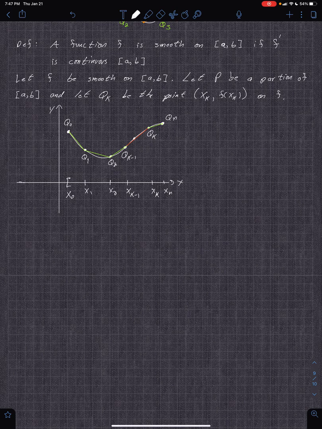We're going to define delta x sub k as before. That's x sub k minus x sub k minus 1.